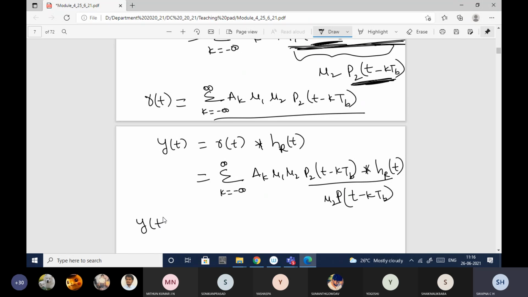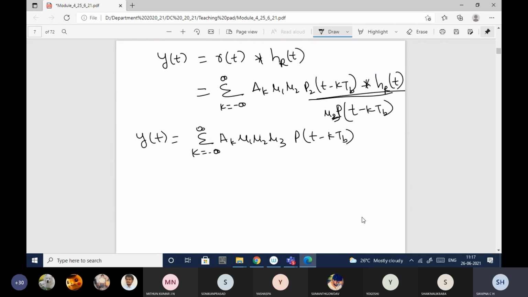So here y of t will be nothing but summation k equals minus infinity to plus infinity a_k mu_1 mu_2 mu_3, in place of this I'll write p of t minus kT_b. Now let this entire product be replaced with mu.